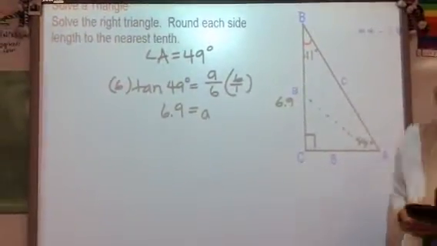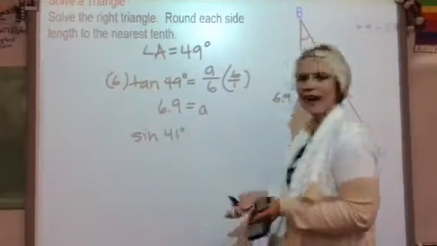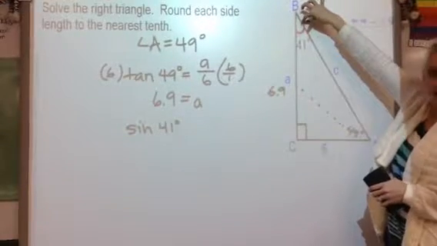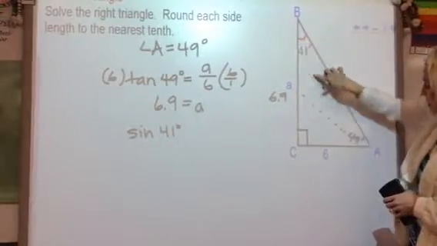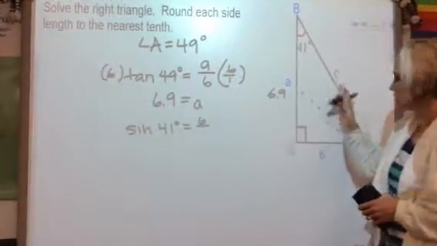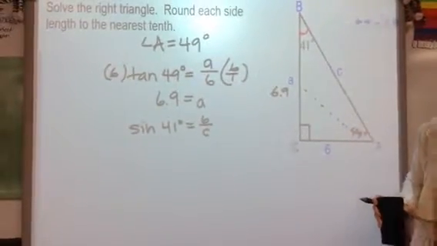To find C, I'm going to use sine of 41 degrees just to practice the ratios. So this is 41 degrees. Sine is opposite over hypotenuse, so that would be the 6 over that hypotenuse C. This one's a little bit different.